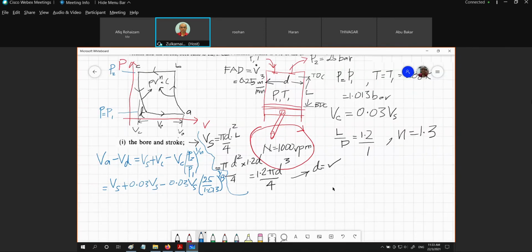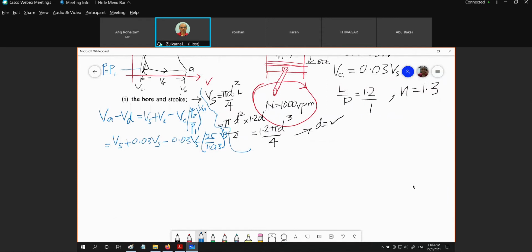Can someone calculate for me how much you get for this VA minus VD? Does anybody have it? 0.67.